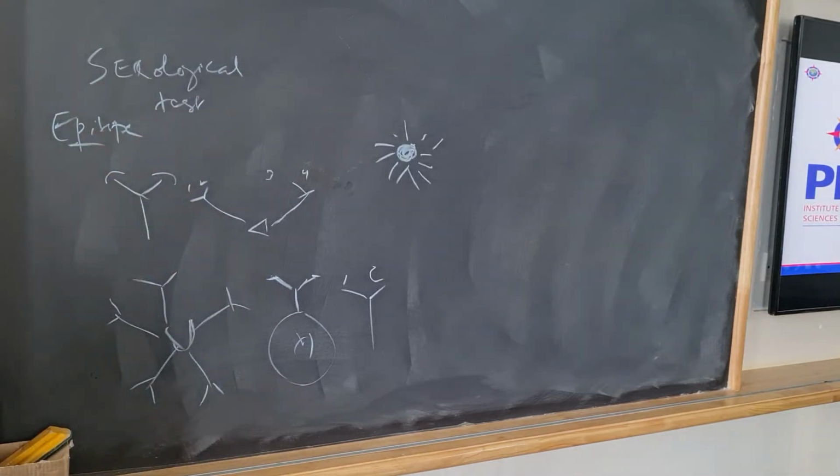Where antigen combines with antibody is called the epitope. Very good. Epitope. Not all of the antigen will combine. Antigen will combine on the surface, at one particular molecule. This particular molecule is called the epitope.